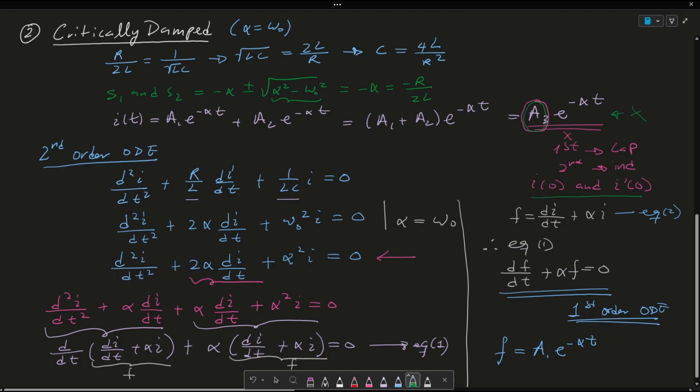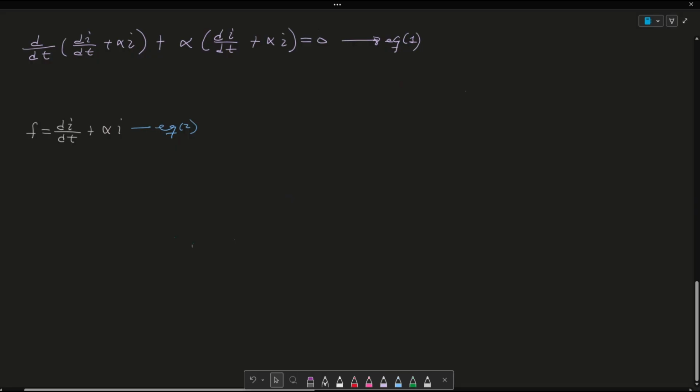In the next slide, because I'm running out of space, I'm going to write out equation number 2 and equation number 1, and we'll continue from there. Okay, so now we have equation 1 and equation 2 here, and we need to remember the goal of our entire problem, right? For this critically damped system, we want to find I of t, or we also call this just I. So this is the goal.